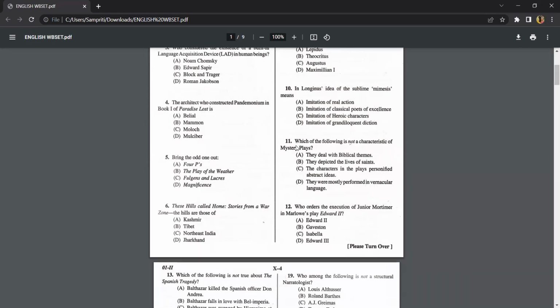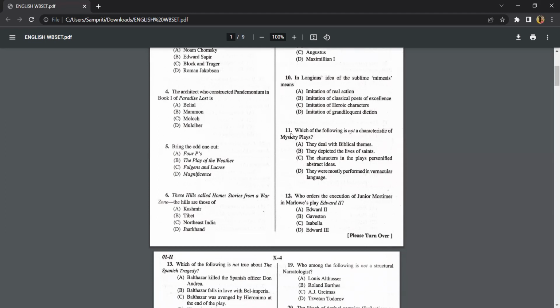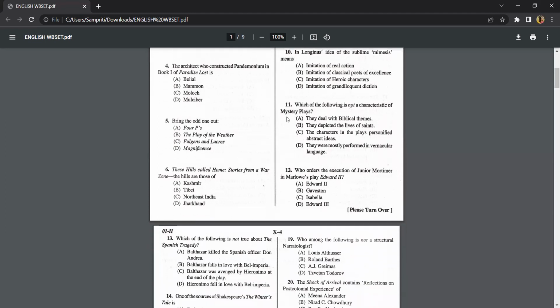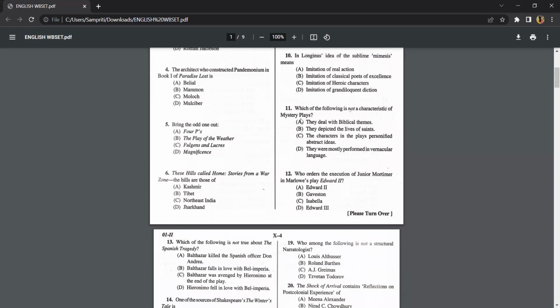And there is another critic who talked about it in a negative sense, who was Harold Bloom. The Anxiety of Influence he talked about, right? There was a question in NET 2021, I guess, where the question came: who talked about the influence of the ancient, the tradition, in a negative sense? The answer is Harold Bloom.